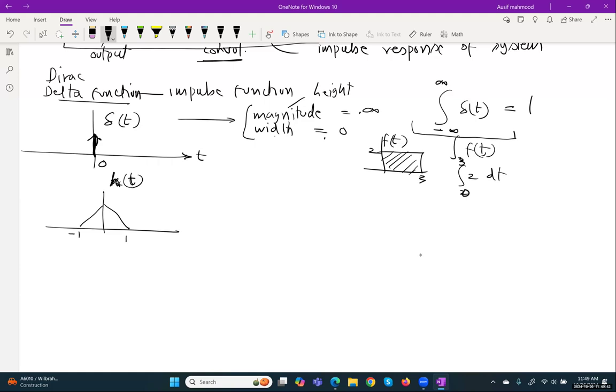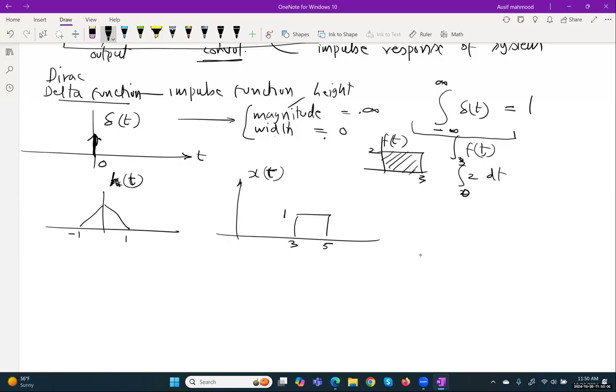Suppose what I want to know is, if I give it an input x of t, what will be the output from my system? Suppose this is 3, this is 5, for example, and the magnitude is 1.